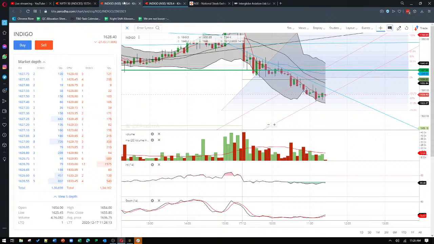If you look at the 5 minutes candle, the stochastic is slightly changing from the flat position towards up, but the RSI is not supporting that.